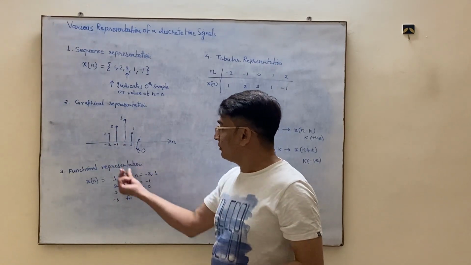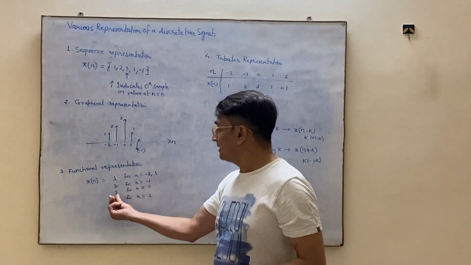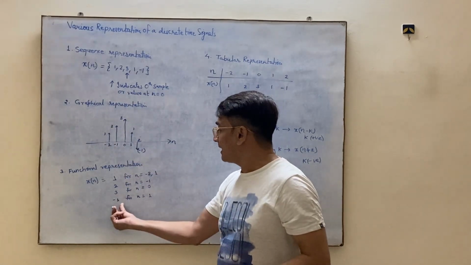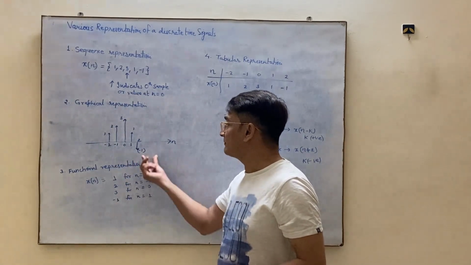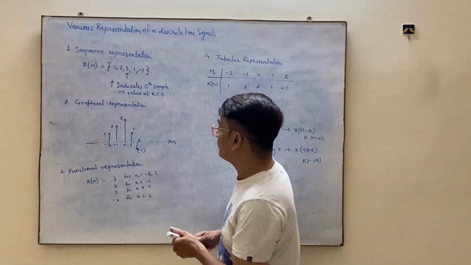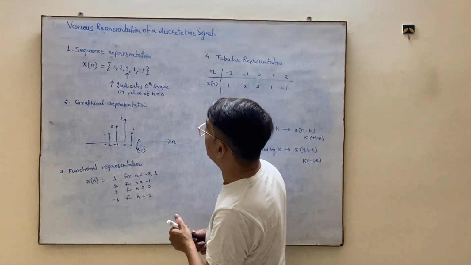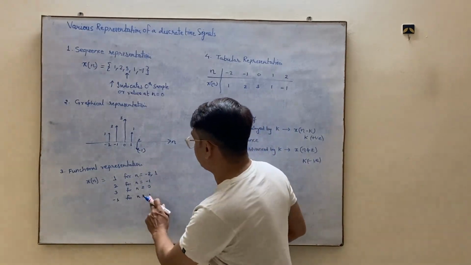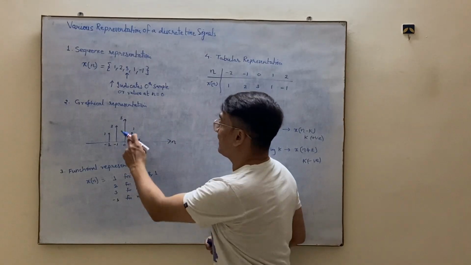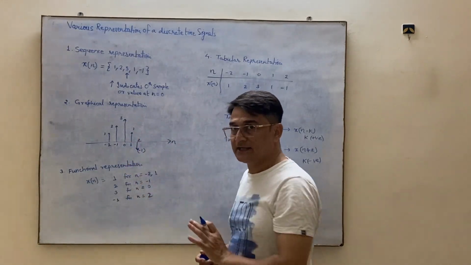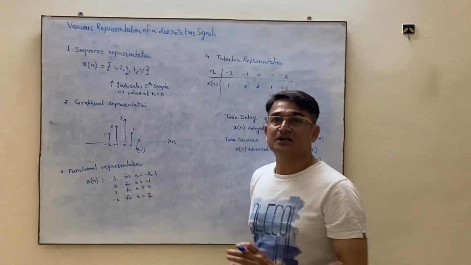Then 2 for n equal to minus 1, 3 for n equal to 0, and minus 1 for n equal to 2. So this is called the functional representation.